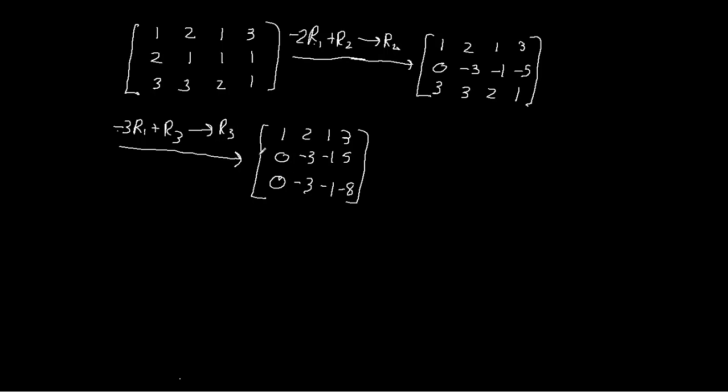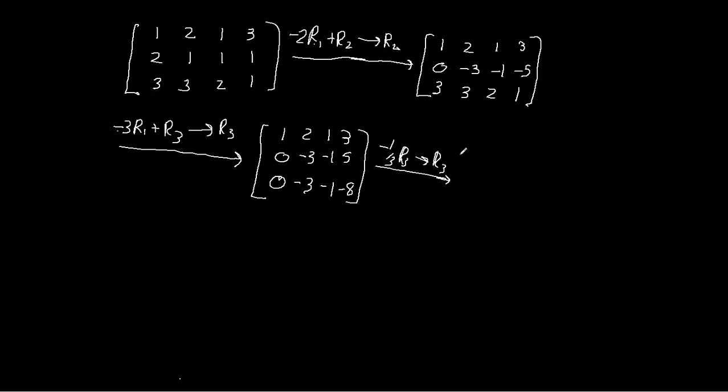So now we go to the next column and the next row. And we say, what do we have to do to make this negative 3 a leading one? Well, we have to multiply by negative 1/3. Right, so we're going to do negative 1/3 times row 2 is going to go into row 2.